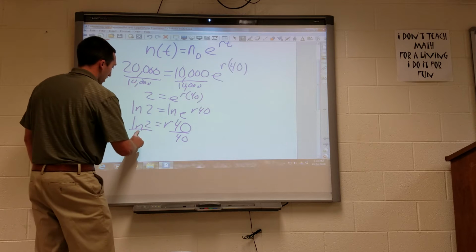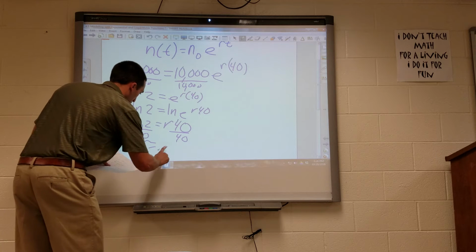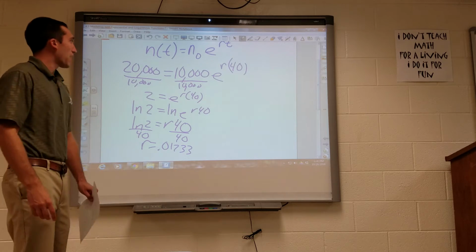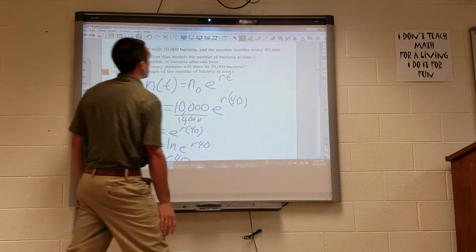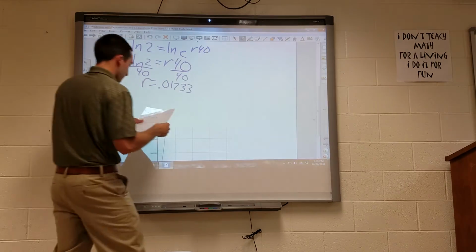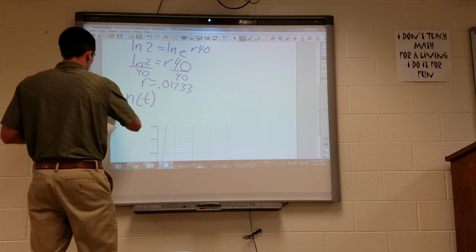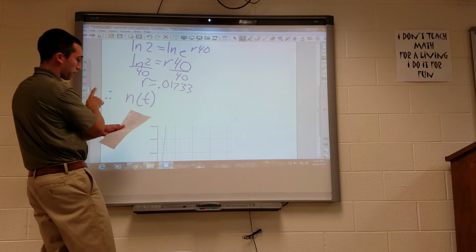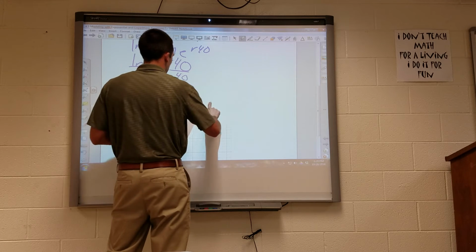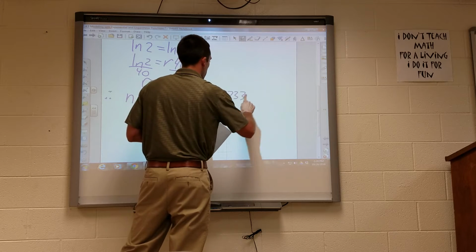And when we divide by 40, we find our rate equals 0.01733, meaning that our function for n in terms of t looks like, so therefore our total is equal to 10,000, our initial bacteria, times e raised to the 0.01733 times t.